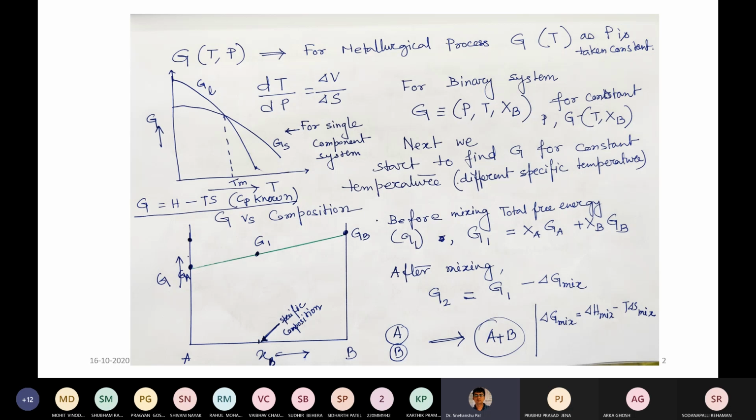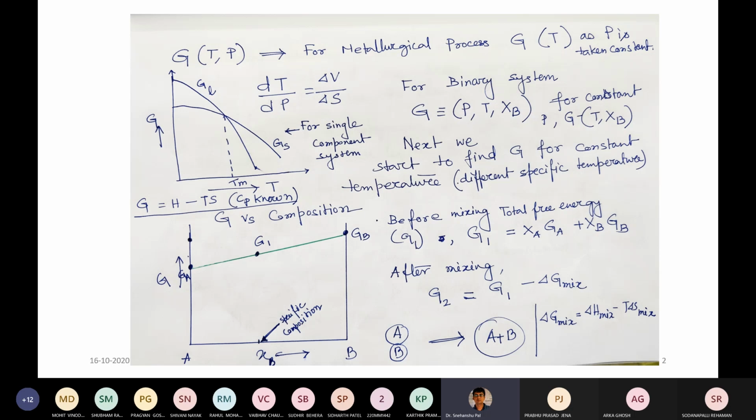Now, what is G1? G1 equals H1 minus TS1, and G2 is equal to H2 minus TS2. So to get the del H of mixing, it is H2 minus H1, and for the del S of mixing, it is S2 minus S1.